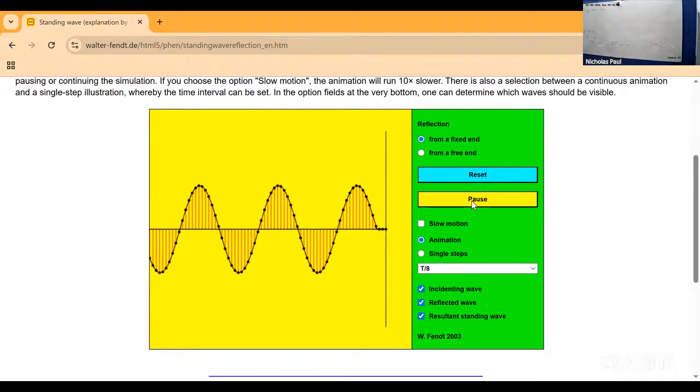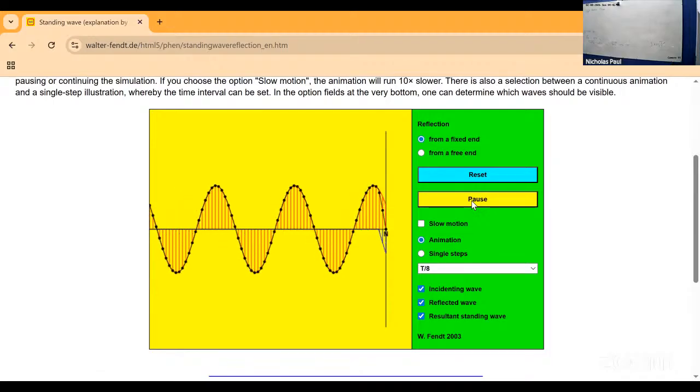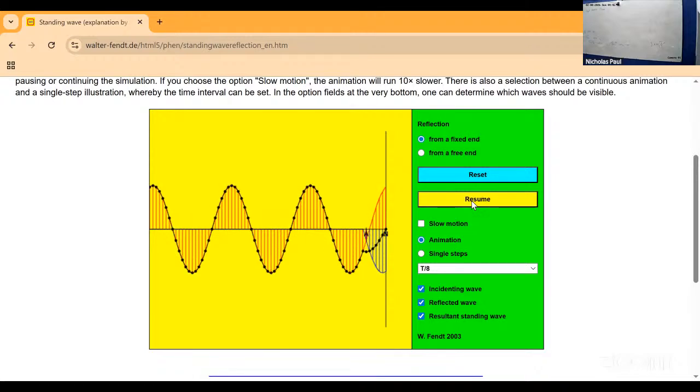Watch here. And look at what's happening. Look at the wave. Look at the amplitude of each one, right?